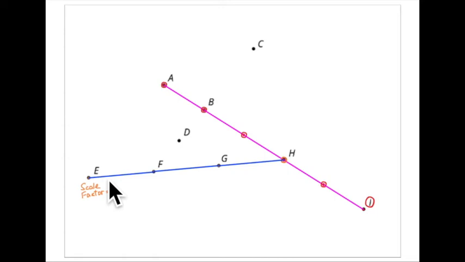You're not going to increase the distance, you're going to reduce and make it smaller. And so this is 3 units, 1, 2, 3, and G is 1/3 of those 3 units. So the scale factor is 1/3. If you take this length and multiply it by 1/3, it's going to reduce that length down to where G is. So the scale factor is 1/3.